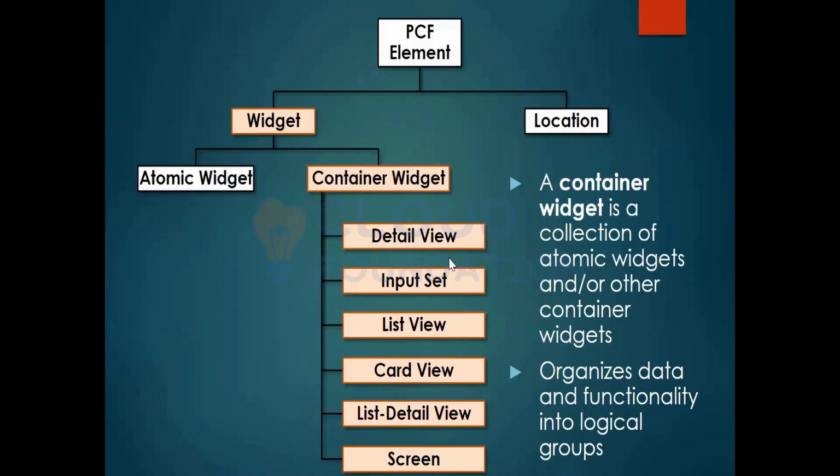It can be. If we want to make it editable, we can make it editable also, so the user will enter the address. Then it has to be part of a detail view. Yes, we can also create an input set of the address. Suppose, I'll give you one example.